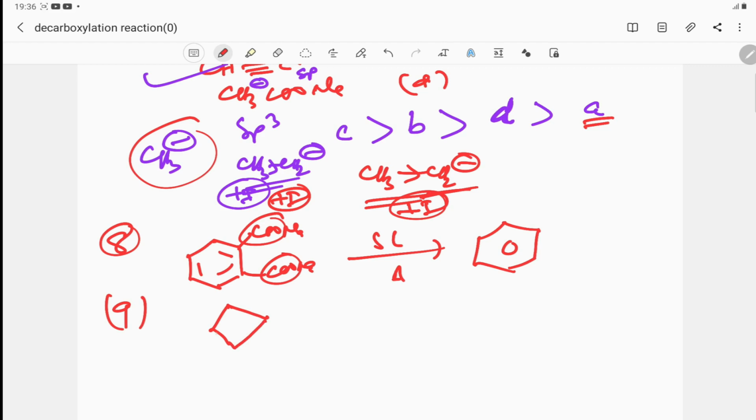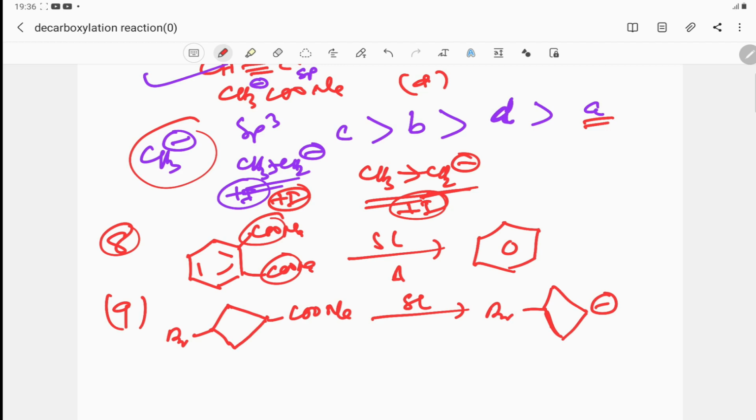Okay. Here suppose one bromine is here and this is your carboxylate ion. First, if you give the soda lime test, and here it is bromine. If you see the mechanism, this produces, and this is your minus charge after loss of CO2, the first step is formation of a carbanion.